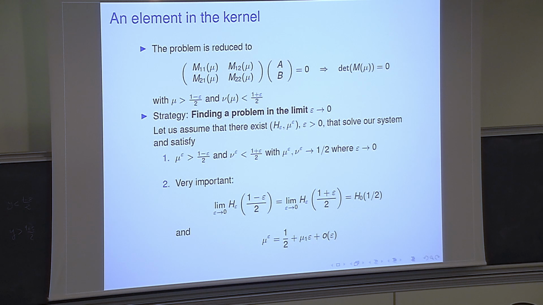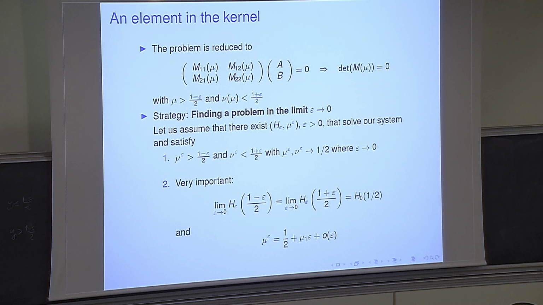I'm going to assume that mu epsilon is to the right of the point 1 minus epsilon over 2, and that nu epsilon is to the left of the point 1 plus epsilon over 2. And I'm going to assume that both mu epsilon and nu epsilon tend to 0 when epsilon goes to 0.